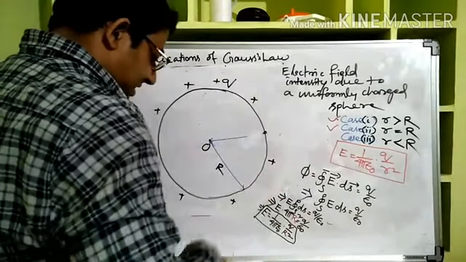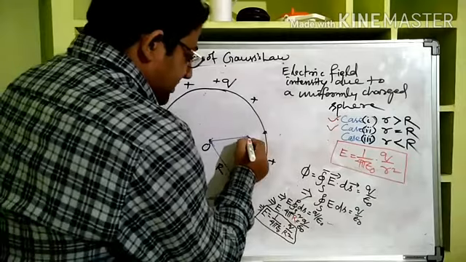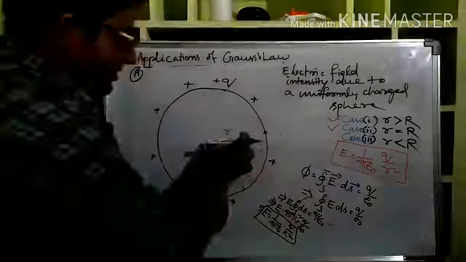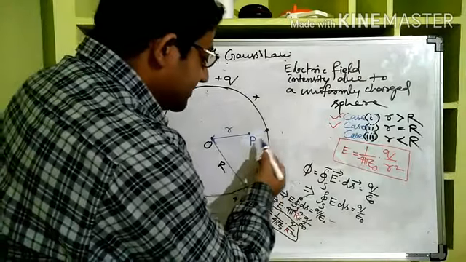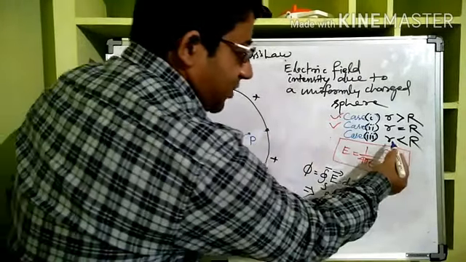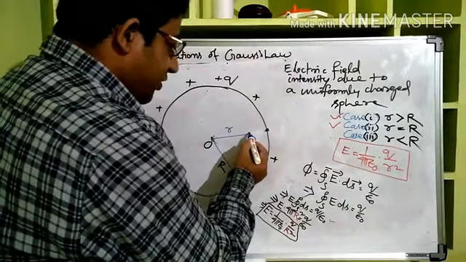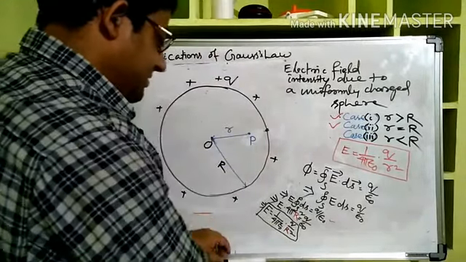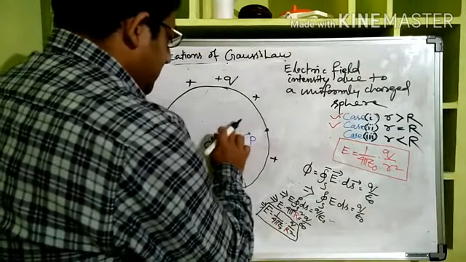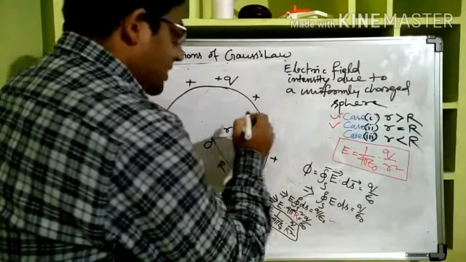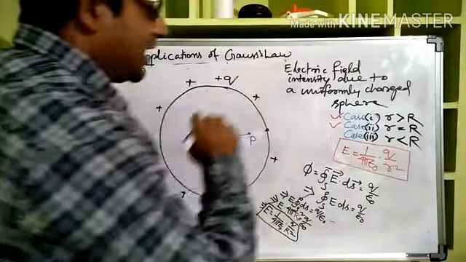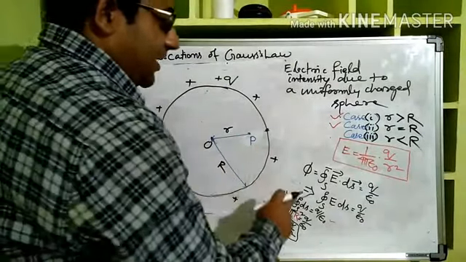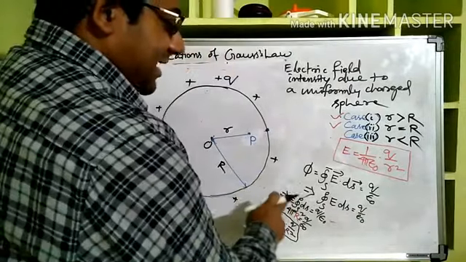If we take case 3, it is very simple to understand now. Now P came inside, r is smaller than R. If the distance of the point P, that is small r, is less than R, that is, point P is inside the sphere now, it is the third case we are taking. It is very simple to understand. Now again you start applying the same concept.